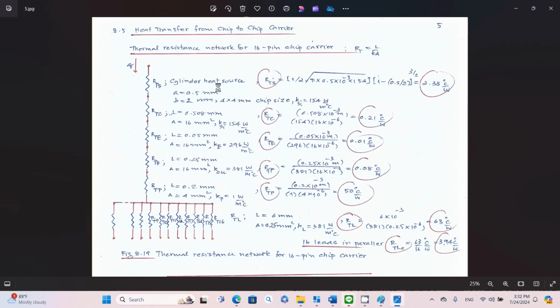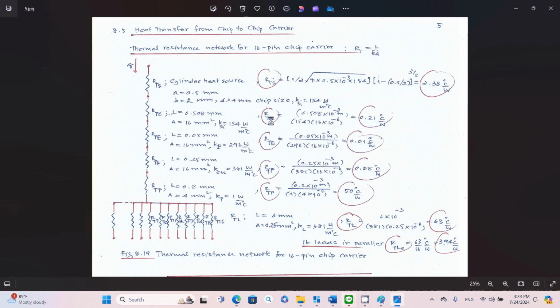For the heat source that is there, you use the thermal conductivity of silicon as well as the thermal resistance of the chip.